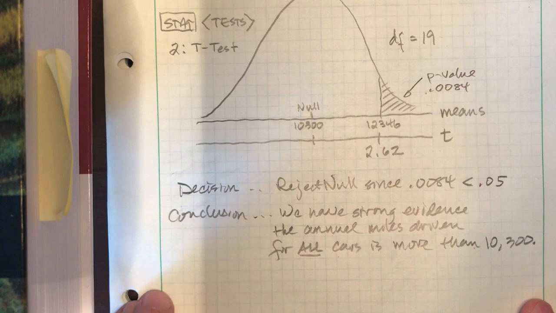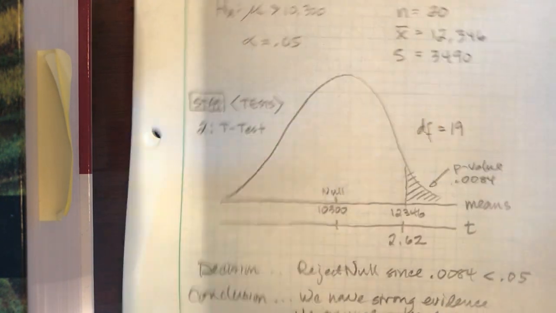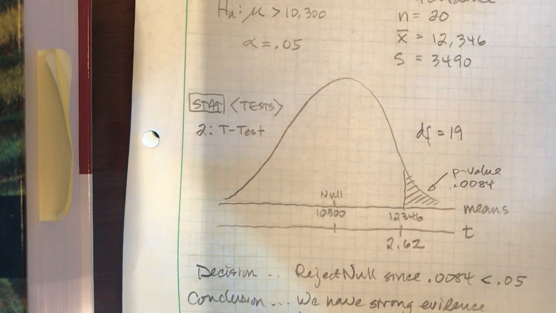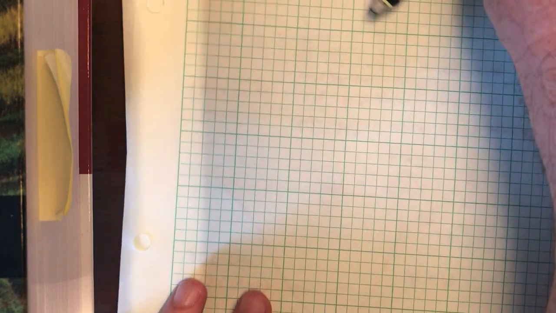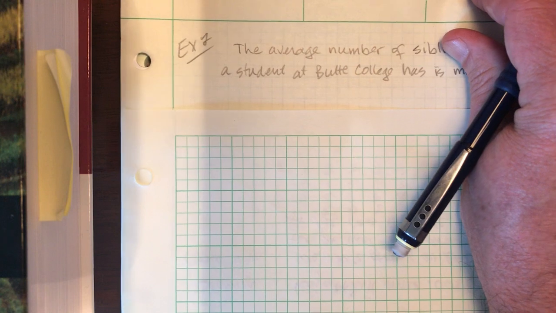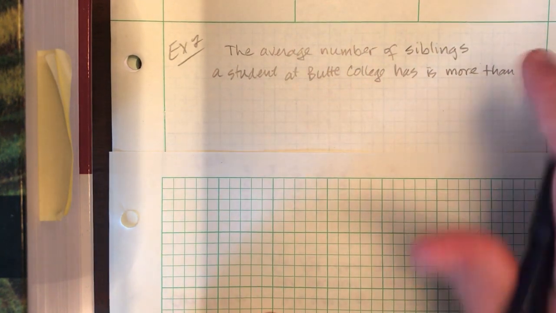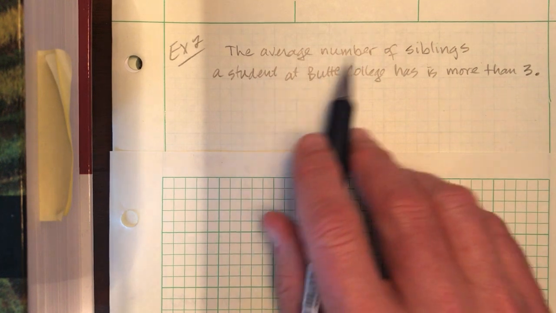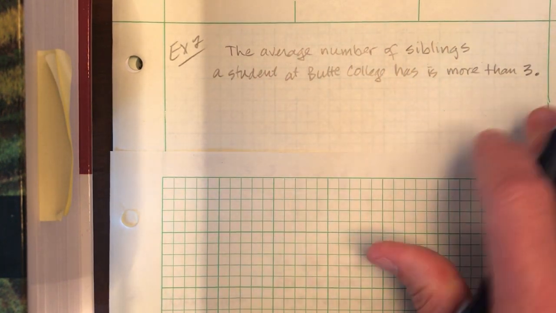Good. All right, let's take a look at a second example and we'll call it good. Okay, so we'll go a little faster this time because we now have seen this setup. So let's check out what's going on here. Second example says the average number of siblings that a student at Butte College has is more than 3.